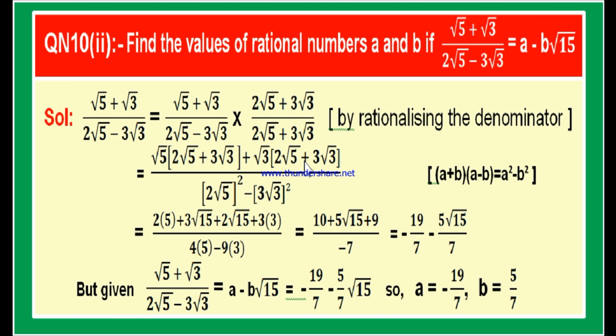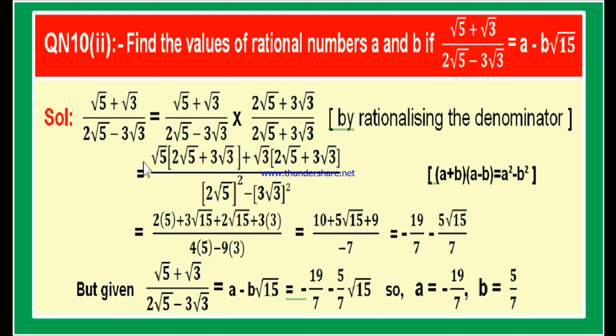Let us find the product of all these. √5 into 2√5: √5 into √5 is 5 and there is 2, therefore you can find 2 into 5. Plus 3 into √3 into √5: √5 into √3 is √15 and there is 3 before.